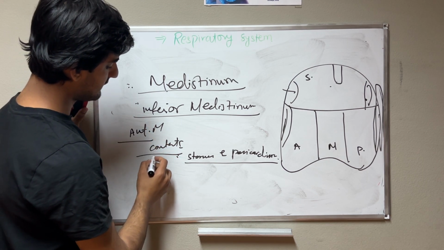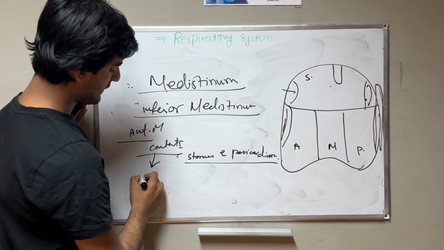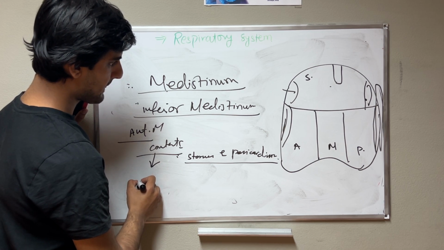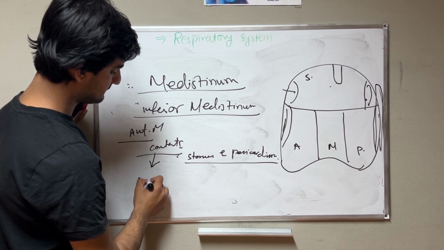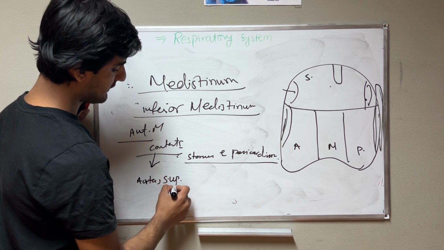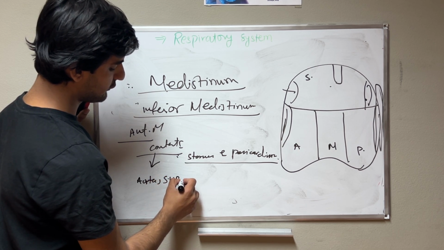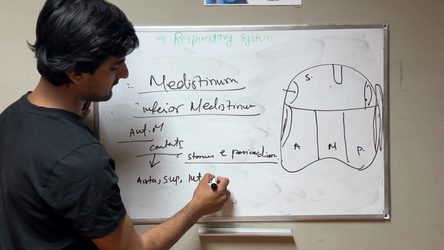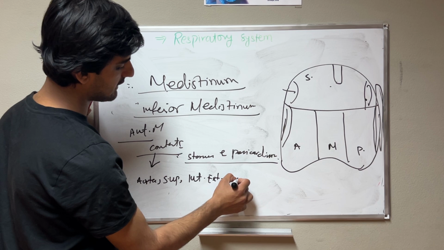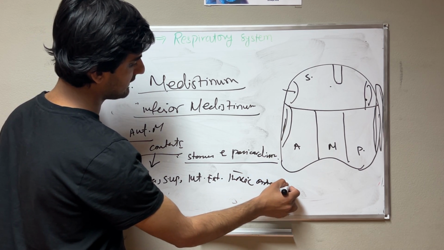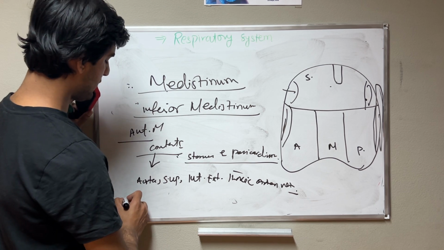Which contents do we have here? We have large blood vessels like the aorta, the superior vena cava, and the internal thoracic artery and vein.